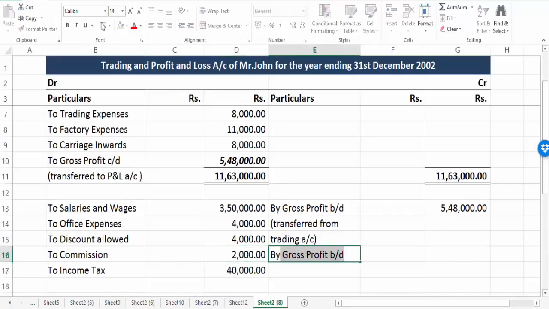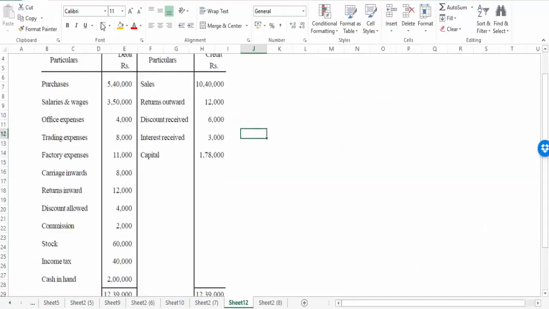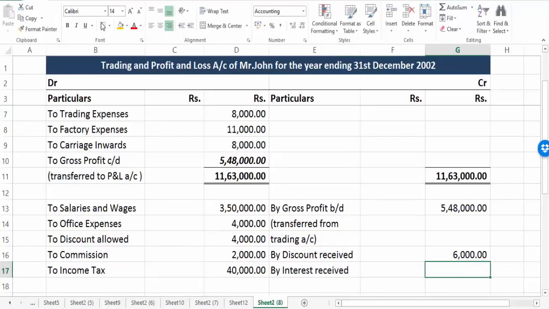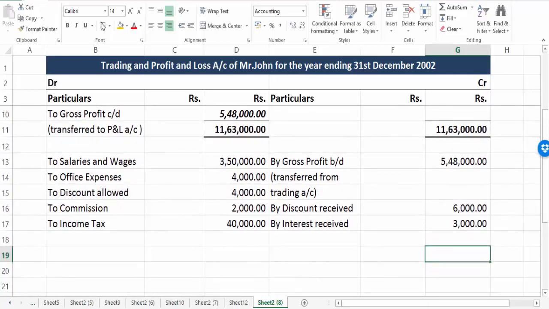So by discount received, 6,000. Then some interest is also received. By interest received, 3,000. So now it's time for us to find out the total and net profit. So let's do the totaling.